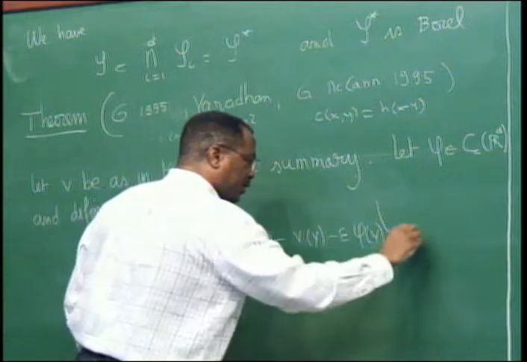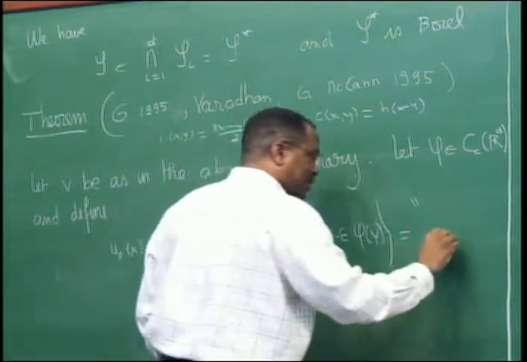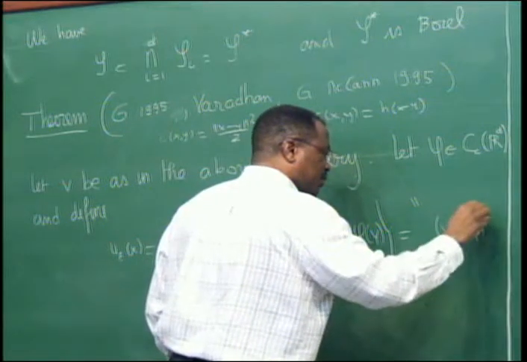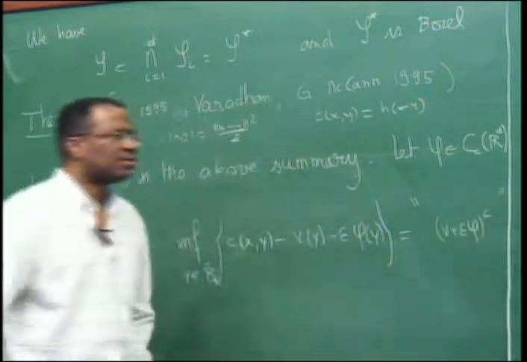In other words, this is the c-concave transform of V plus epsilon phi.